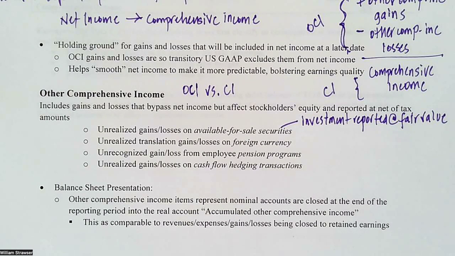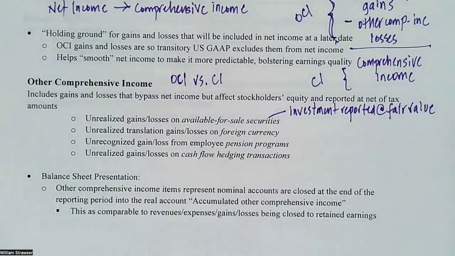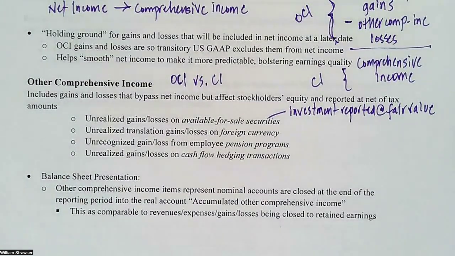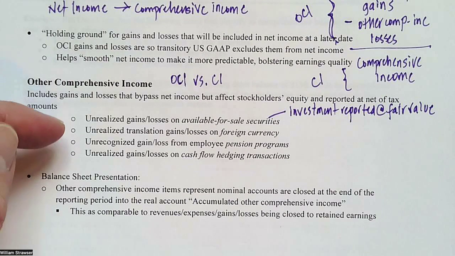So because their value is changing, we need to recognize an unrealized gain, maybe an unrealized loss, right? But we will not be including this gain or loss in our net income until we actually sell the security. And that's a lot of the rationale behind a few of these items.